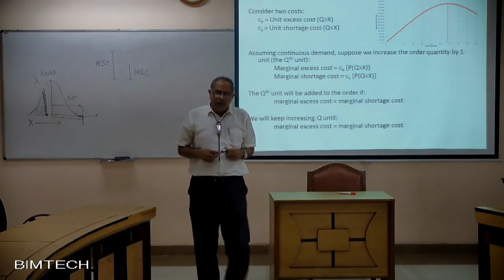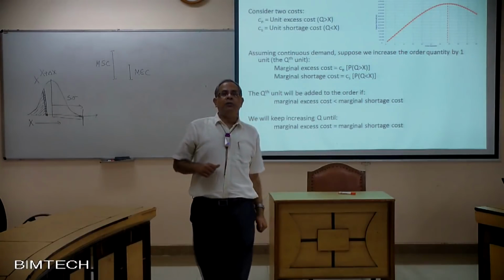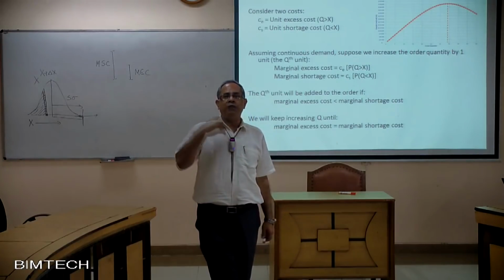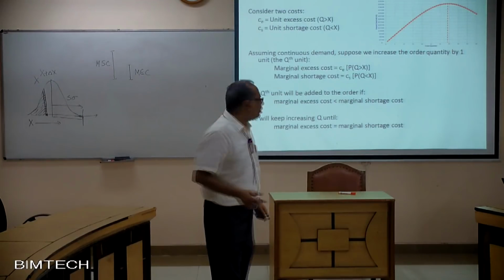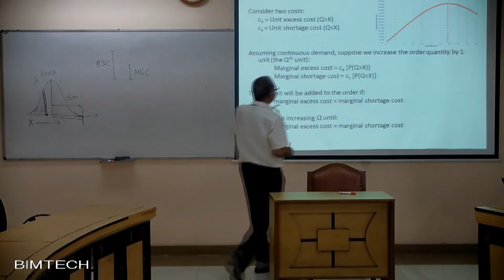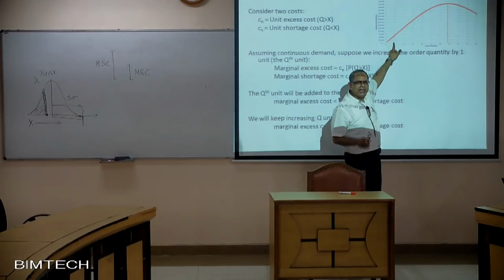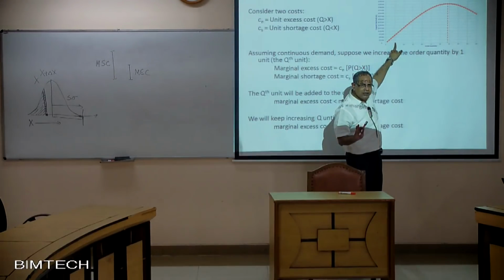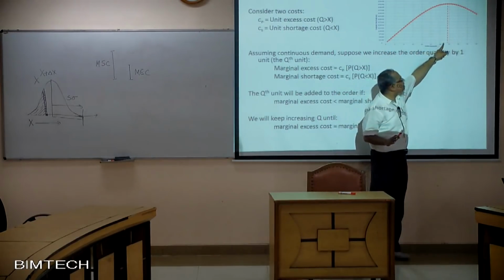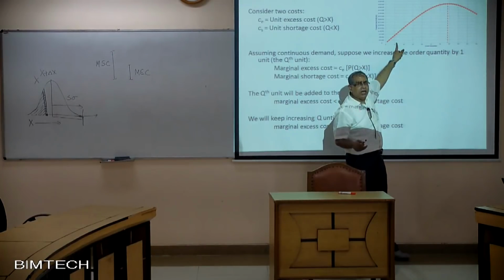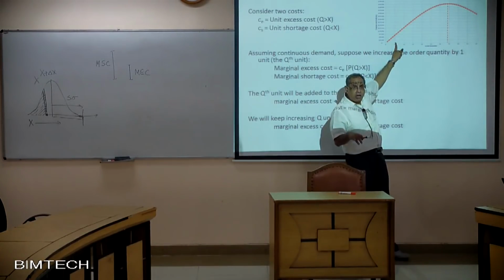So therefore, what is the probability of going short versus the probability of going excess? If you add one more unit here, you are here, and you add one more unit here, are you likely to go excess? Unlikely. You are likely to fall short because the average demand is here. So the probability of going excess by adding just one more unit here is much smaller than the probability of falling short.